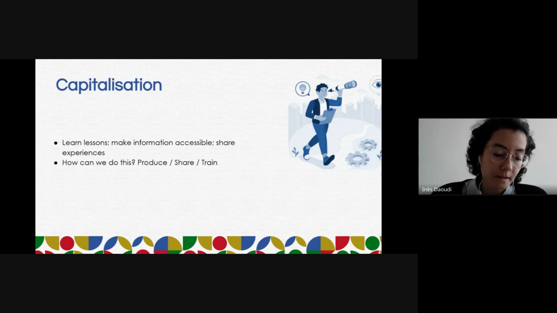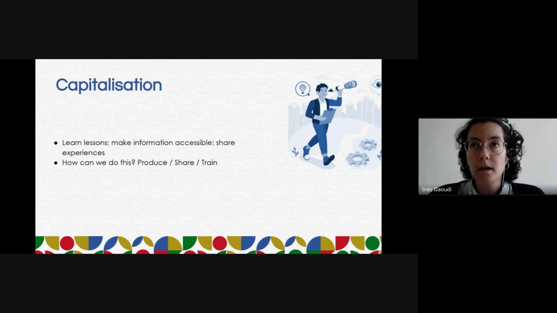The idea of capitalization is really to help us as organizations, but not only, also the donors, the civil society, and the beneficiaries. It helps us to identify best practices, challenges, and the solutions that could be implemented to improve the design or the implementation of future projects, okay?